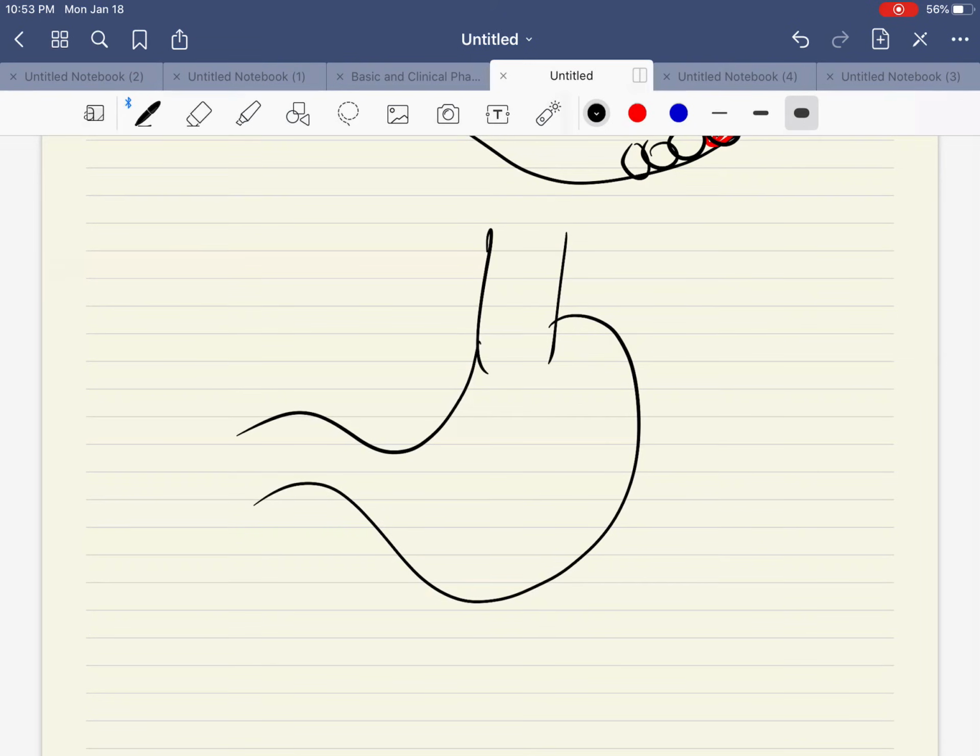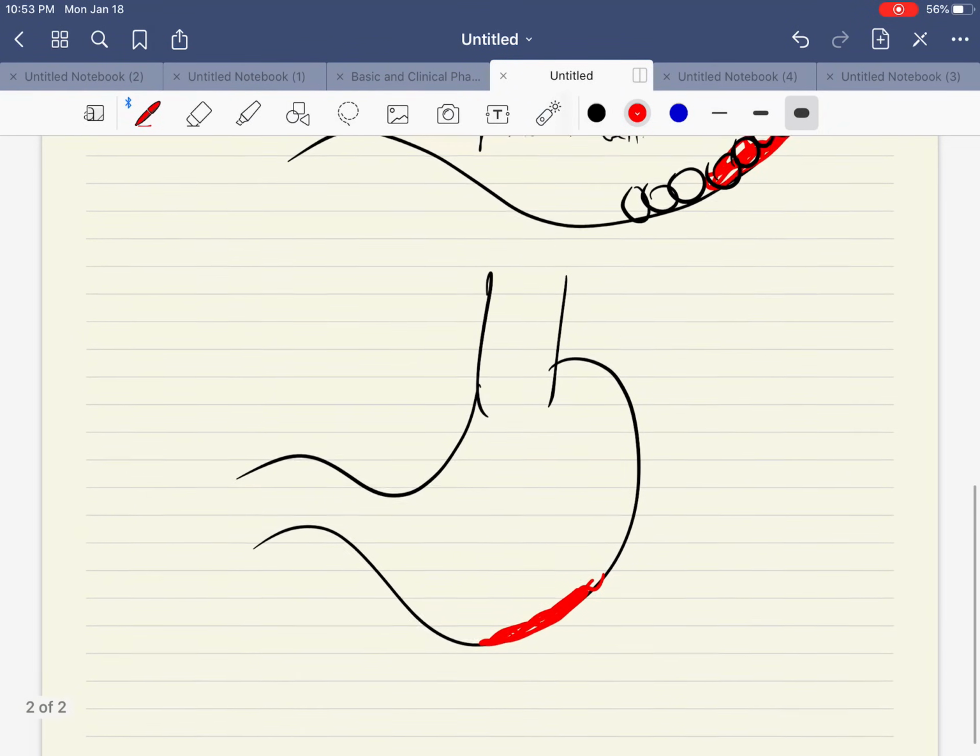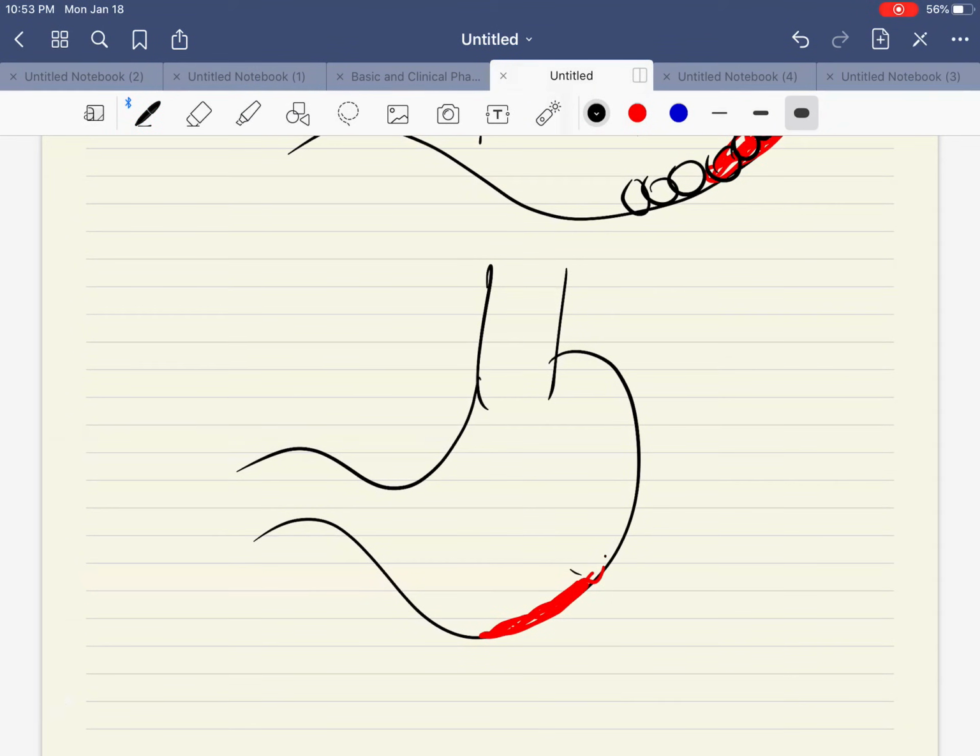Another drug is sucralfate. If there is any ulcer or erosion within the gastric wall, this sucralfate will just cover the erosion. This is a sucralfate drug layer. It is not absorbed into the blood. Actually, it just covers the surface of the ulcer.